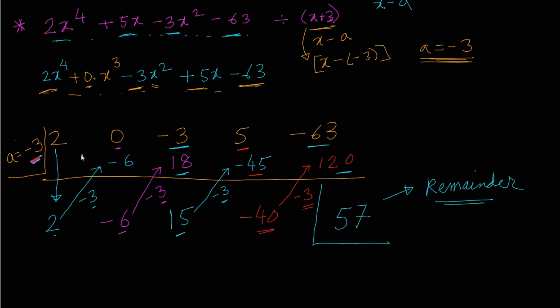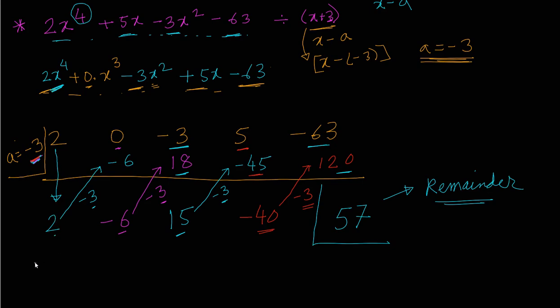Now let's see what is going to be my quotient. First of all, what is the highest term of my x? X power 4, as you can see. So for the quotient I have what? 2.